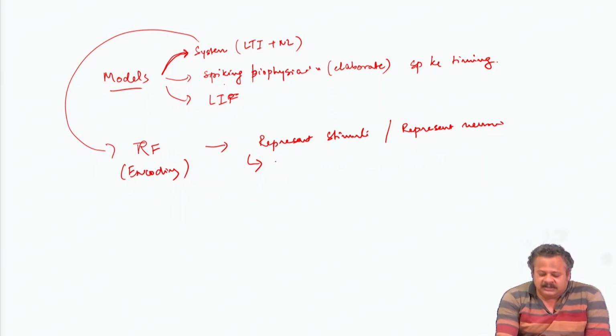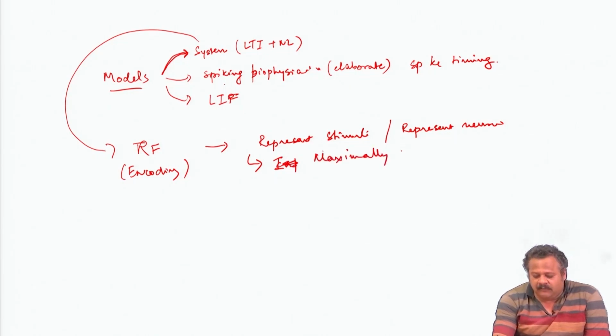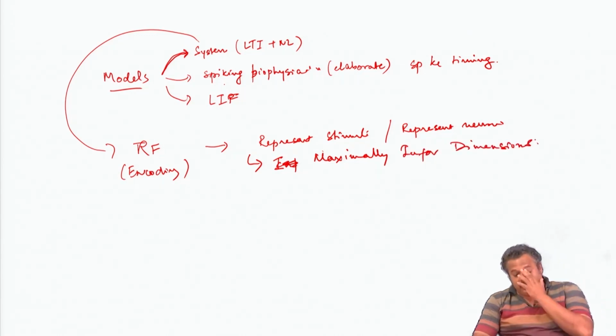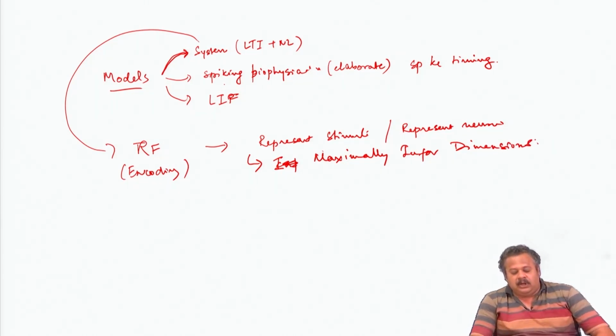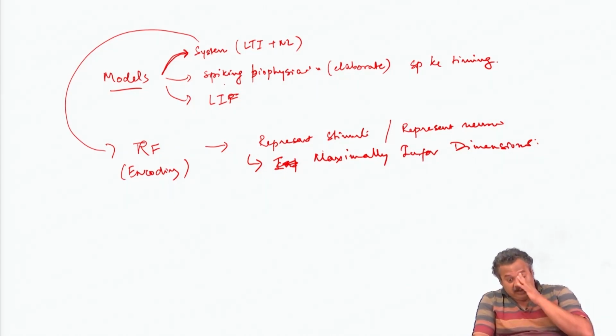We discussed the introduction of information theory in the receptive field world, and we looked at maximally informative dimensions, and this method provided us with another approach to looking at what aspects of the stimulus space a neuron is encoding.